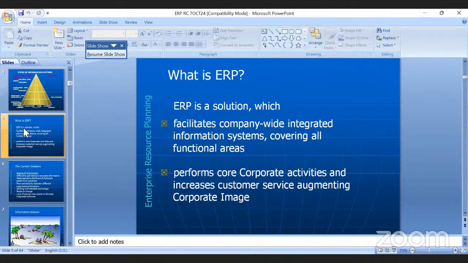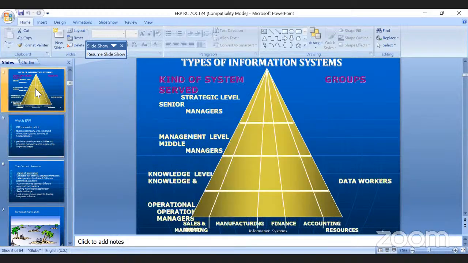So it is a company-wide integrated information system covering all functional areas, be it sales, manufacturing, finance, accounting, or HR. All these are different departments.